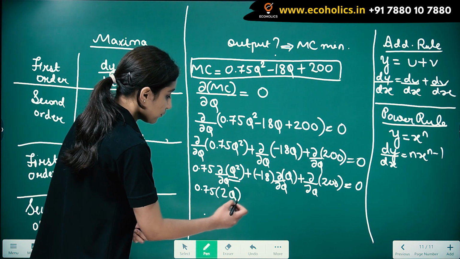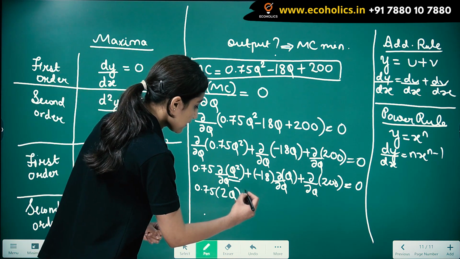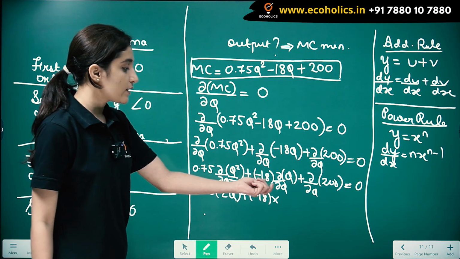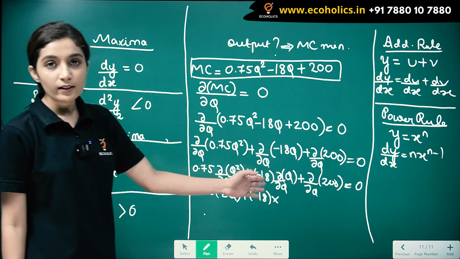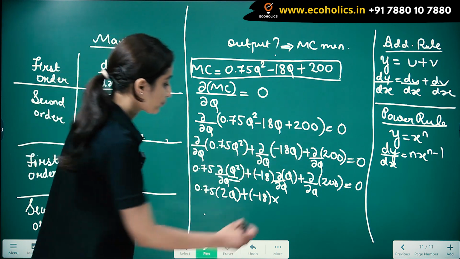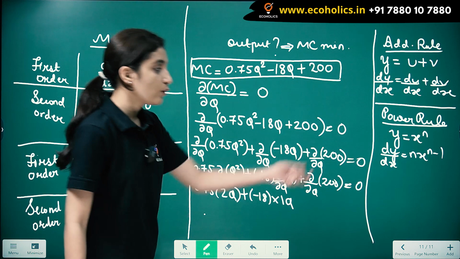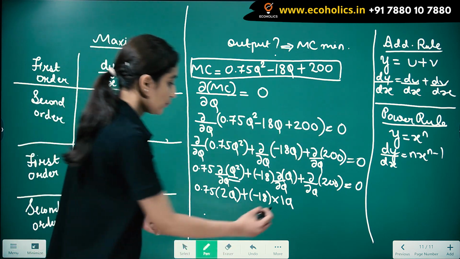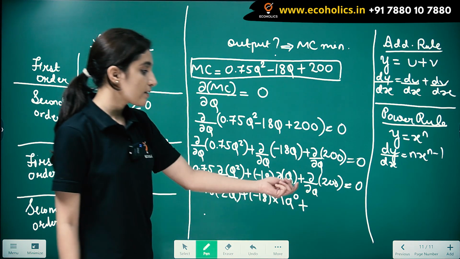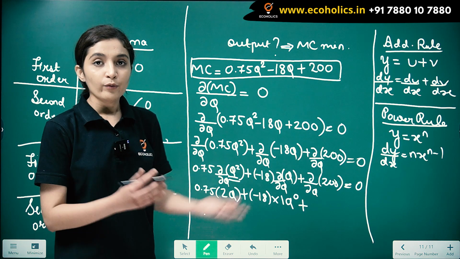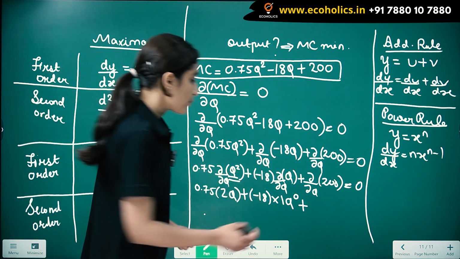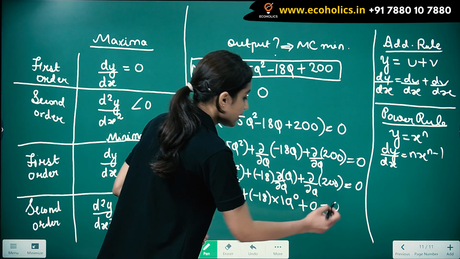So we get 2q, plus minus 18 into differentiation of q raised to 1. Here n is equal to 1, so we have 1 into q raised to 1 minus 1, which is 0. Plus differentiation of 200. We know that the derivative of a constant term is always 0. So this becomes equal to 0.